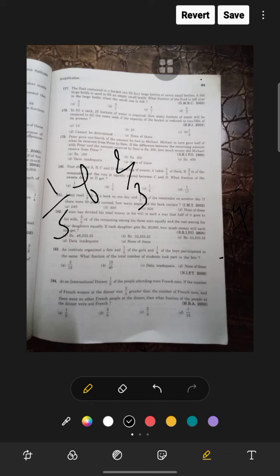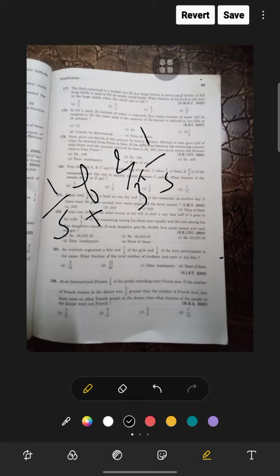So it is 1 by 5 plus 1 by 5 times 2 by 3. Okay, and since it's greater than the men, we multiply it by 1 by 5 again. So 1 by 5 of the people attending were Frenchmen. If the number of French women at the dinner was 2 by 3 greater than the men, and there were no other French people at the dinner, then what was the fraction?